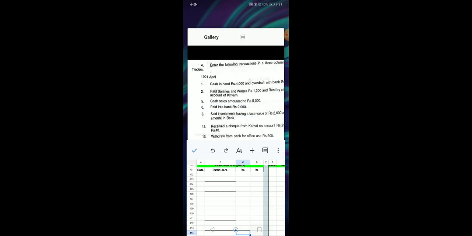That is why we haven't mentioned over here that it's double column, single column or three column cash book. We have made a format where all three columns are available, and we will post entries according to our journal entries, and we will make our journal entries according to our transactions given in the question. All right, hopefully you have understood what our target is for today.